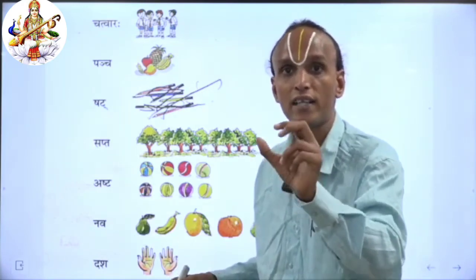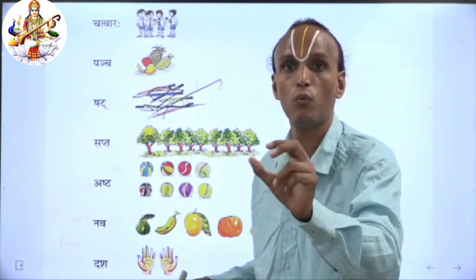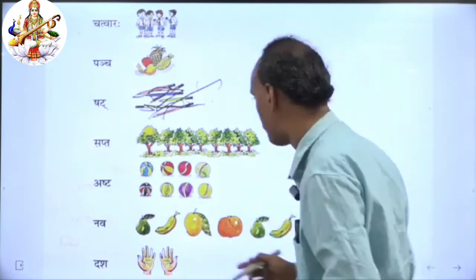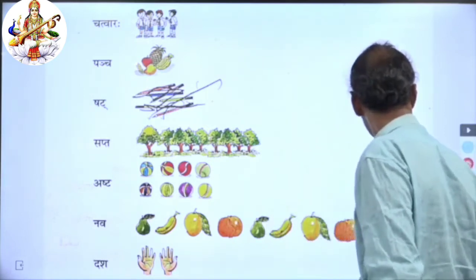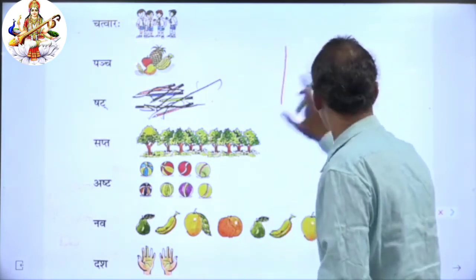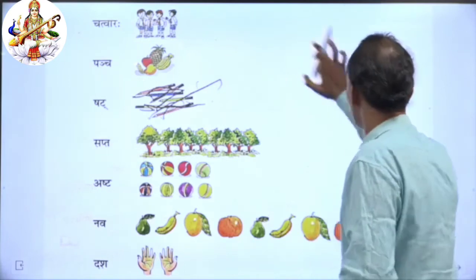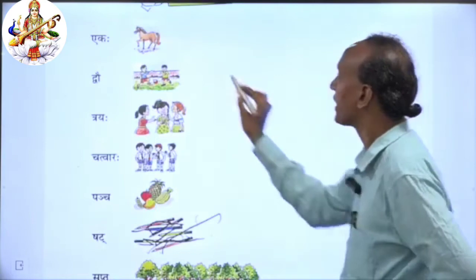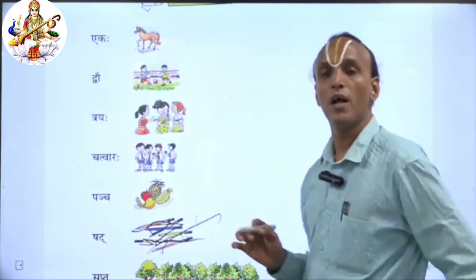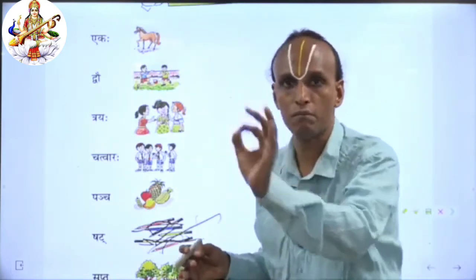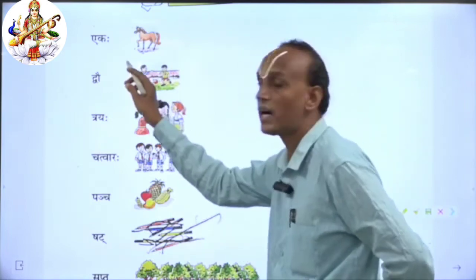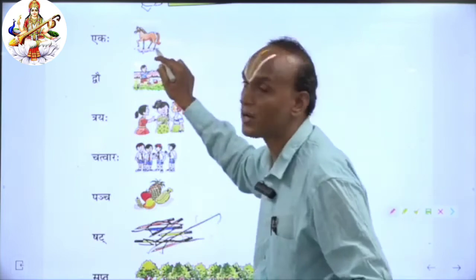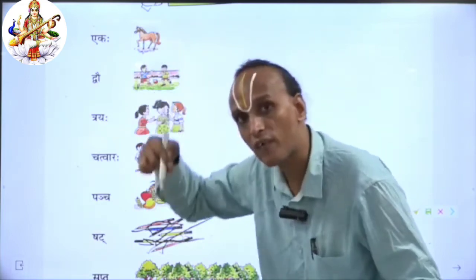There is another method to write 1 to 4 in Sanskrit. Okay? See here. Ekaha, no? You can say ekam. Ekaha. Why have they given ekaha? Because the picture belongs to Pumlingaha, Ashvaha.